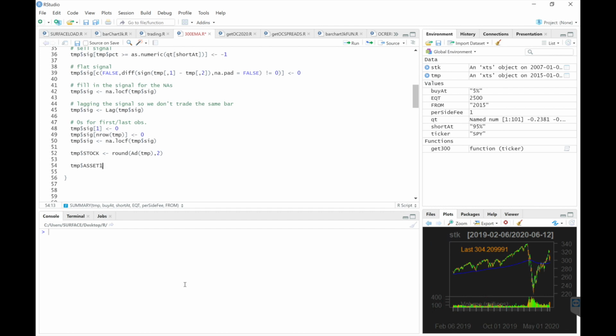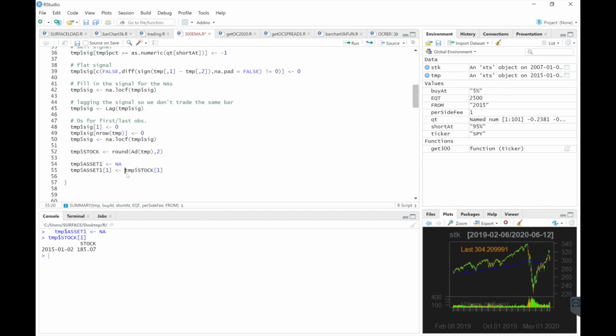Alright, so I'm going to add a column that's going to keep track of our entry and exit prices. We'll set that column equal to NA for now. And then the very first observation will be our very first observation for stock. Set that equal to a numeric.